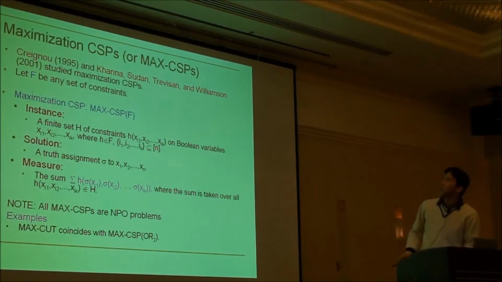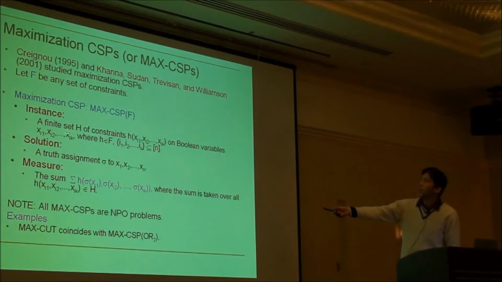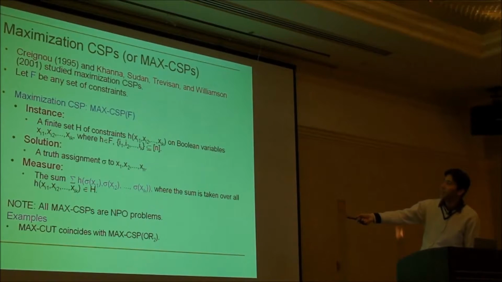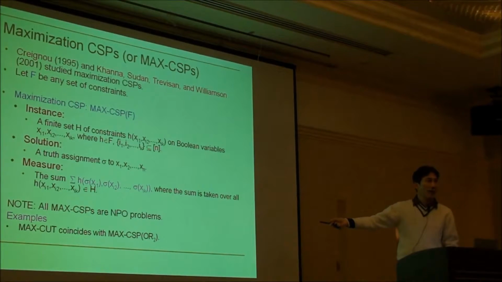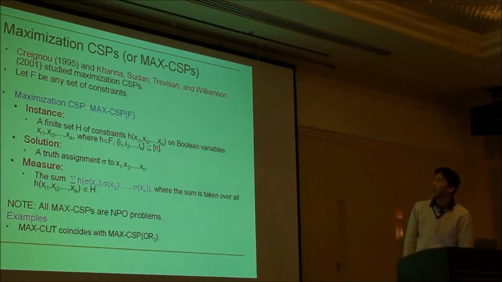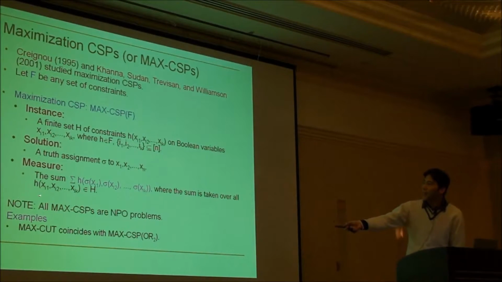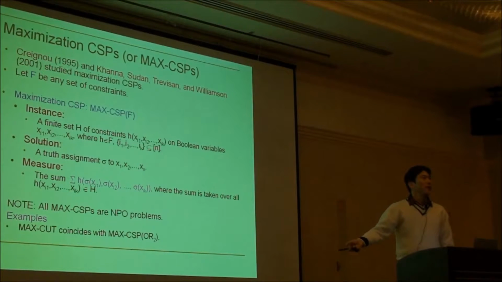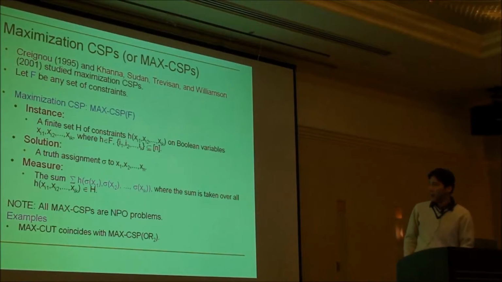Formally, we define the maximization problem in the following way. The maximization CSP takes an instance of variables and constraints, and the constraints have to be taken from a fixed set F. We try to find the truth assignment that maximizes the summation of all objective values.